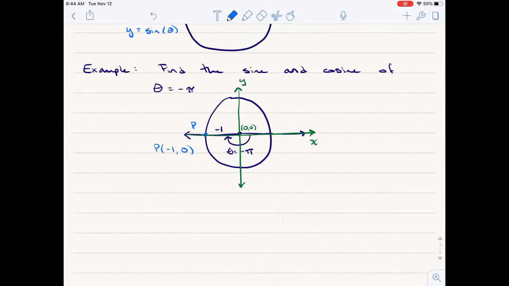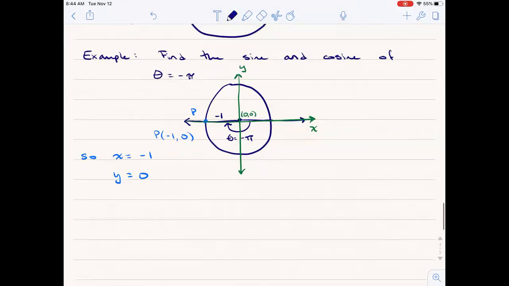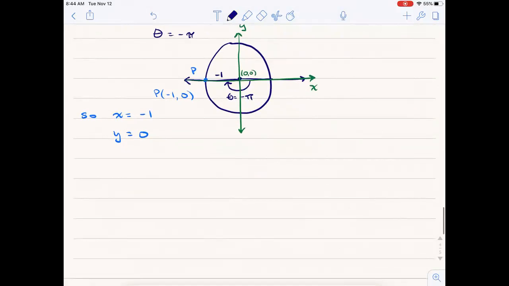So if we know that point, then we know x is -1 and y is 0. Therefore, cos of -pi must be x, which is -1, right?